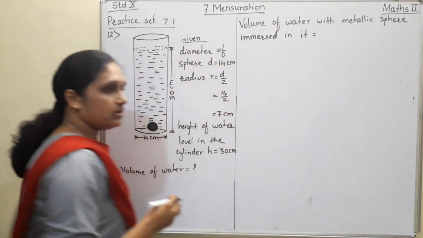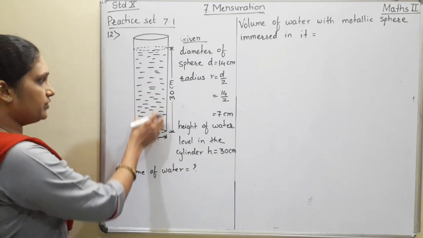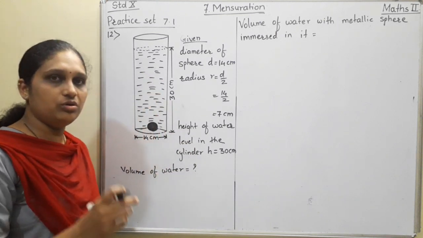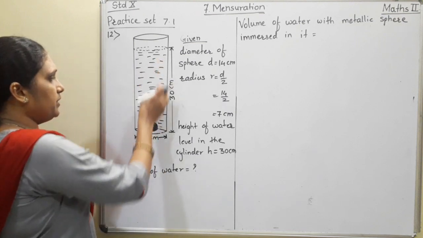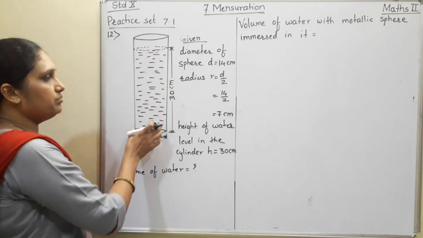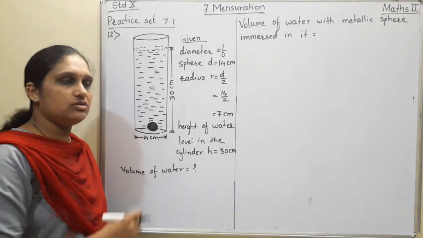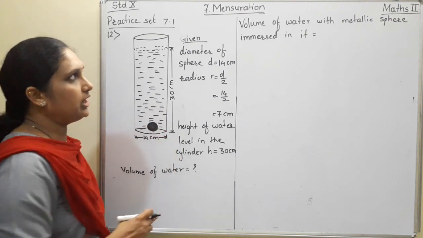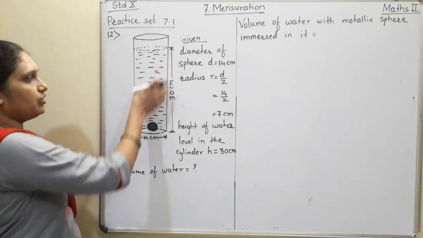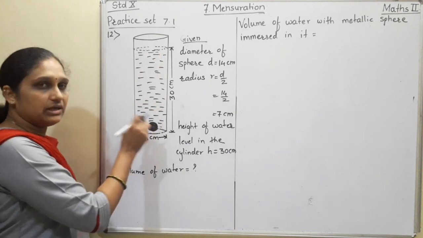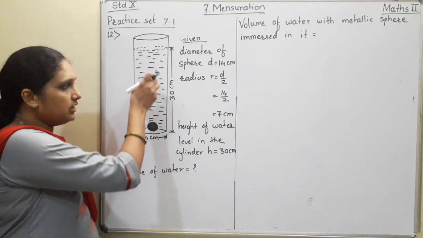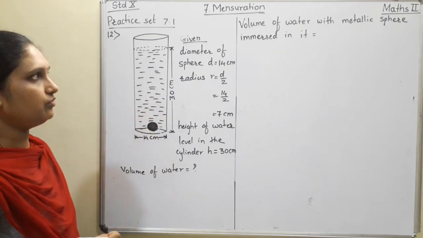So the sphere is there in the water. First we'll find this volume and then we'll find the volume of the sphere. When we subtract the volume of the sphere from this, we will get the actual volume of the water. So for that we'll first find the volume of the water with this metallic sphere, and then we'll take out the volume of the sphere, and we'll get the actual volume of the water.